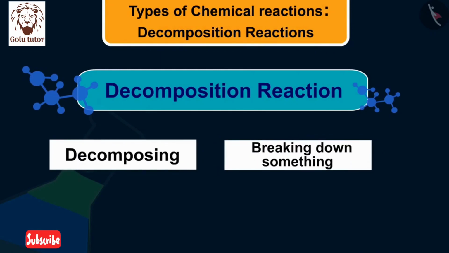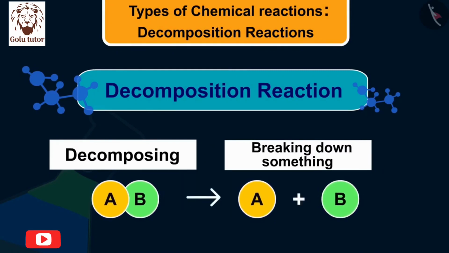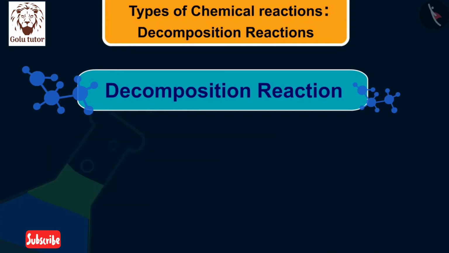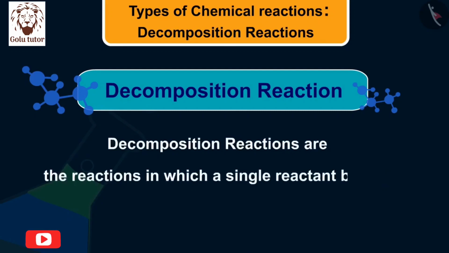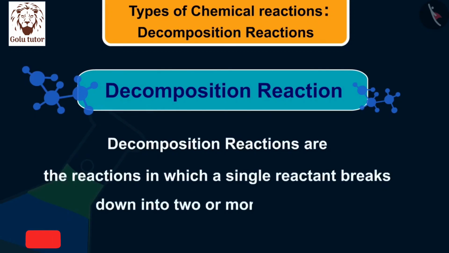In simple words, breaking of a large substance into smaller substances is decomposition. So, how do we define decomposition reactions? Decomposition reactions are the reactions in which a single reactant breaks down into two or more products.